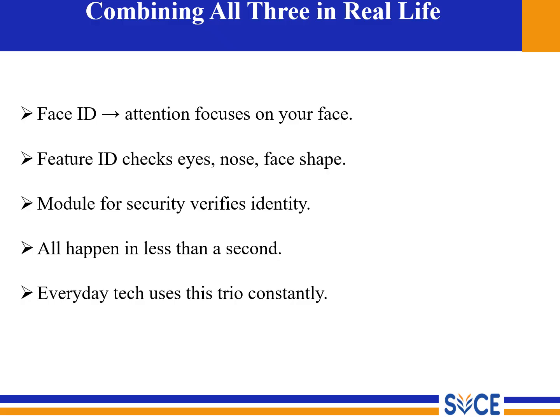The system first focuses on your face, which means attention, and then analyzes key features, which means feature identification, and finally identifies you using the security model. All of this happens within seconds. This integration of multiple AI concepts makes a system efficient and reliable. Explainability ensures that we understand how these processes work together.